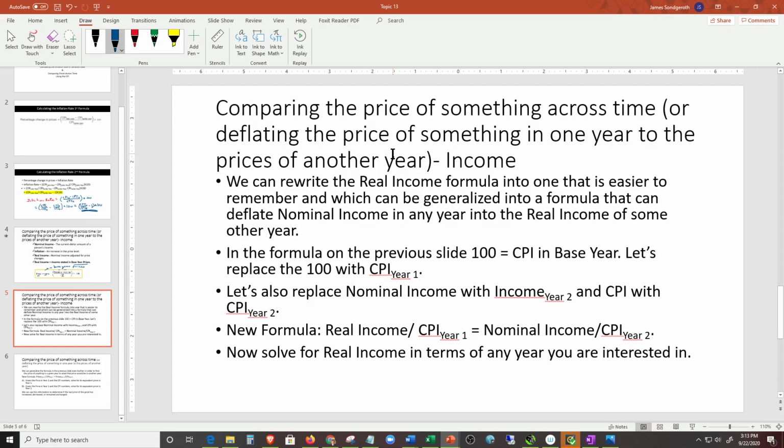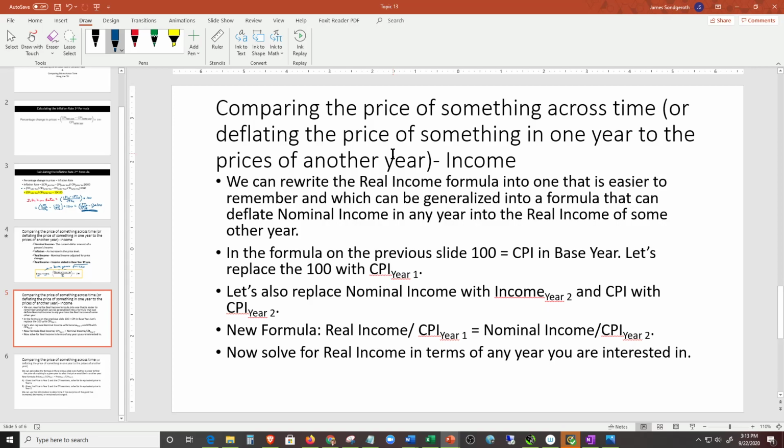And the word deflating, confusingly, is even used when you are increasing the price of an earlier year to the prices in the current year, given that we have been experiencing inflation pretty constantly for a very long time.